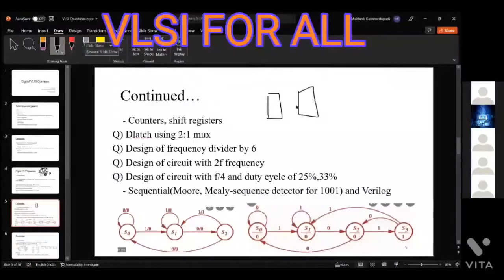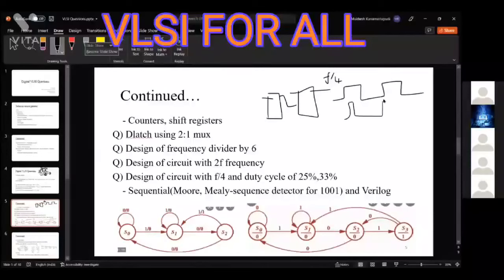I have given the solution of this question in our course also, in the digital electronics assignment. You have not gone through it, I guess. Here we'll be getting this f/2 signal, right? So f/2 signal is this.